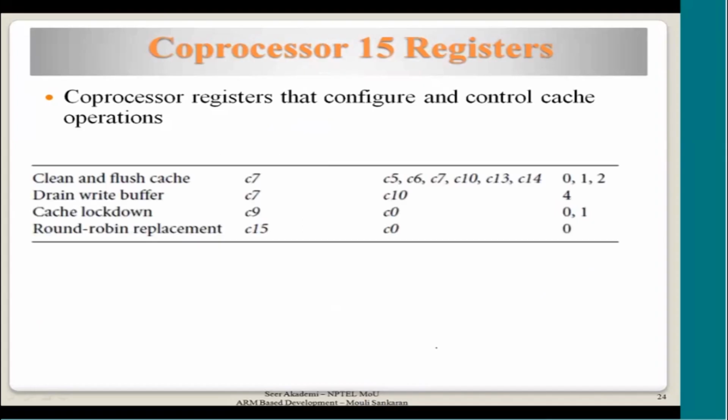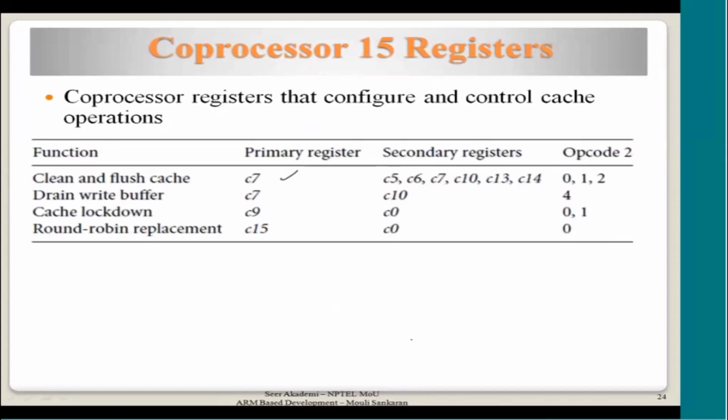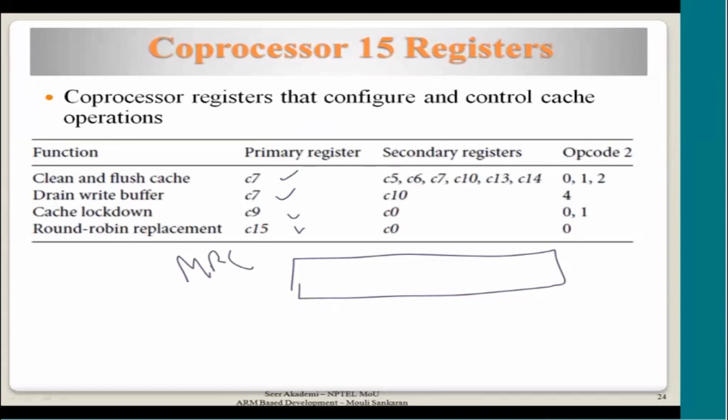Now, coprocessor 15 registers. Please remember these are some primary registers. If you recall the instruction, if I am calling it MRC, there is a CPID somewhere here, bits 8 to 15, if I remember correctly. So the CPID, the coprocessor ID, is in the instruction like this, and then there are some operands we talked about, which are actually the coprocessor registers.